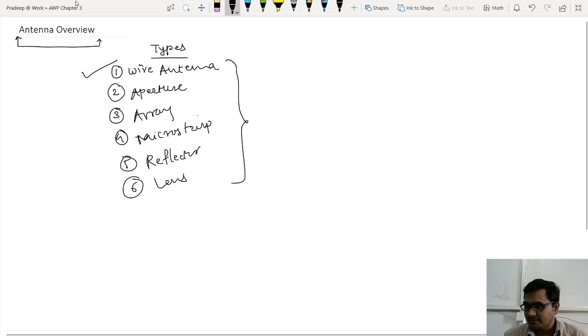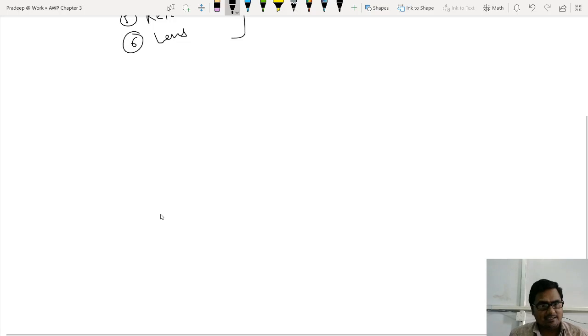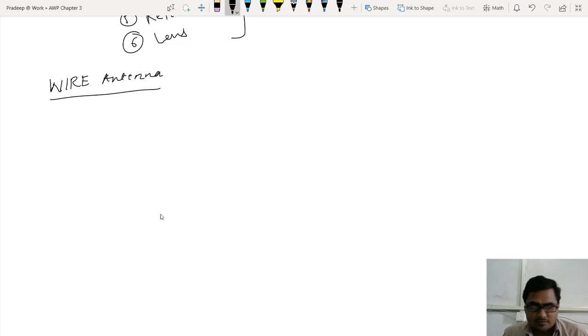So let me write here a heading, wire antenna. So wire antennas are again divided into three parts.